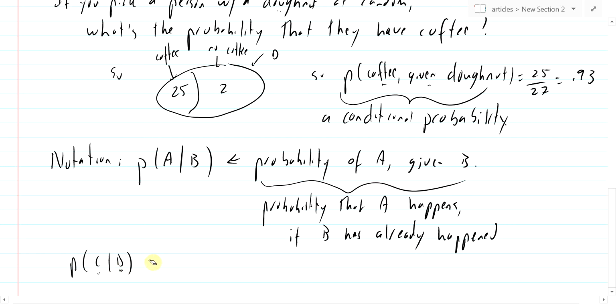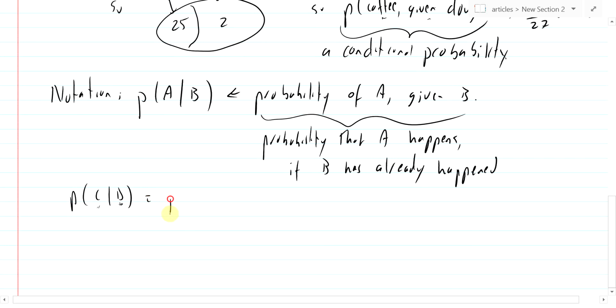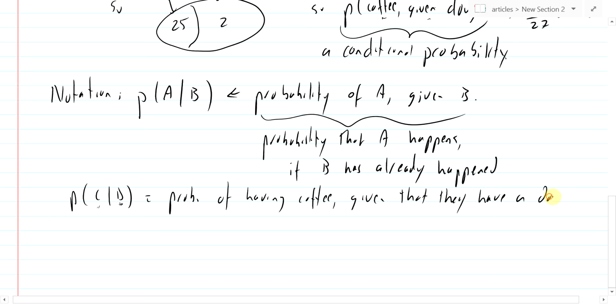And how did we calculate that? Well, we took the number of people who had donuts and coffee, that's 25, and divided by the number of people who actually had donuts. So here, P(C|D) is the probability of having coffee given that they have a donut.